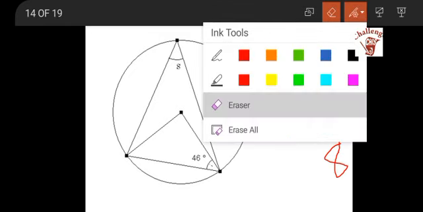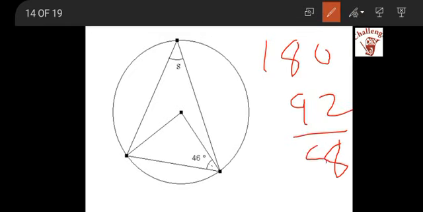Because we do the subtraction, it equals 88. This angle equals 88.